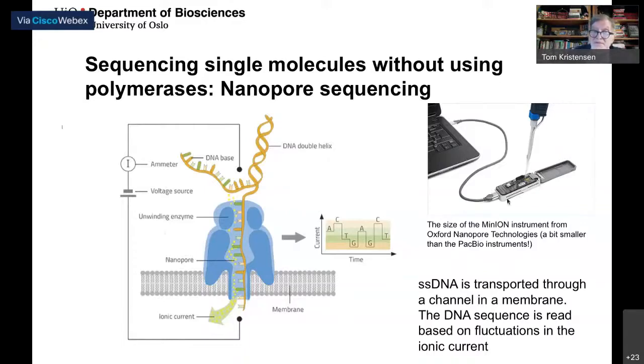This is simply something looking like a small hard drive or whatever, which you couple to your PC. You pipette your samples onto some flow cells in this instrument, and the sequence is read based on these fluctuations and transferred directly to your laptop.